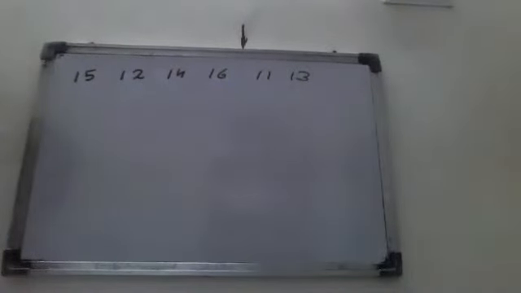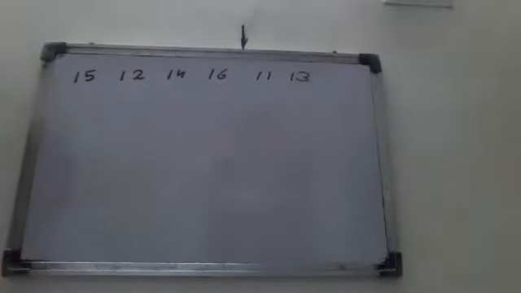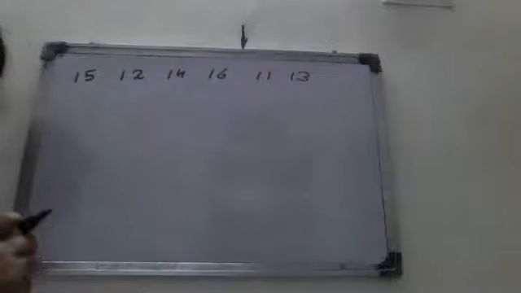If I want to do insertion sort, what does it tell? In the insertion sort, just check the value where its position is in this sequence, and you put that value in that place only.